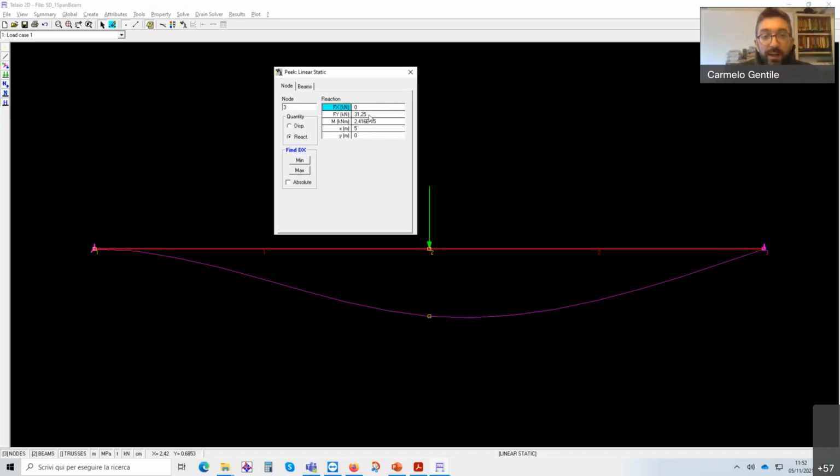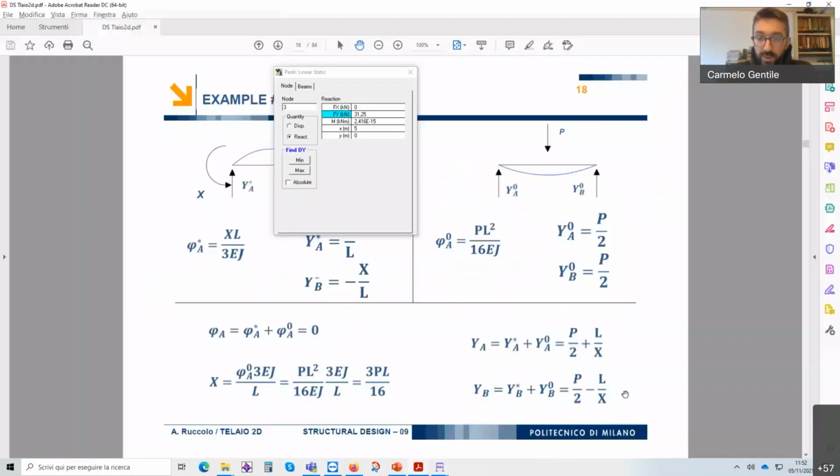Then we have 31.75 vertical reaction, which is again equal to the shear force that we had found. It is the vertical reaction in the node 3, and it is obviously this one, where it's not L over X, but X over L. So it is a little bit less than 1/2 of the load, whereas on the first part it is a little bit more than half of the load. How much this a little bit is depends on the value of the static unknown.